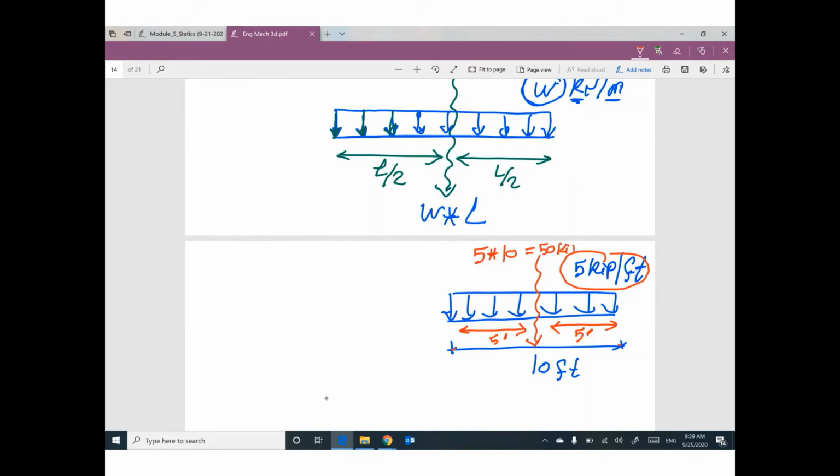Finally, this load can be removed, and we can put here a value equal 50 kb at distance 5 from this side and 5 from the other side. What I did is an equivalent replacement for this distributed load to only one value.